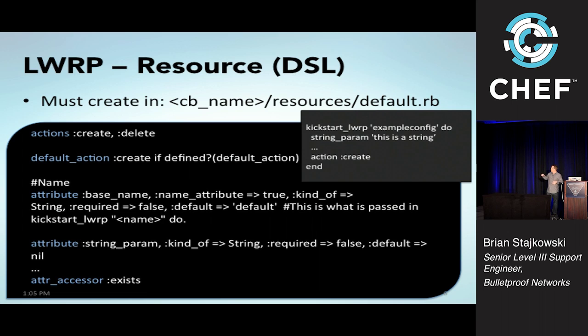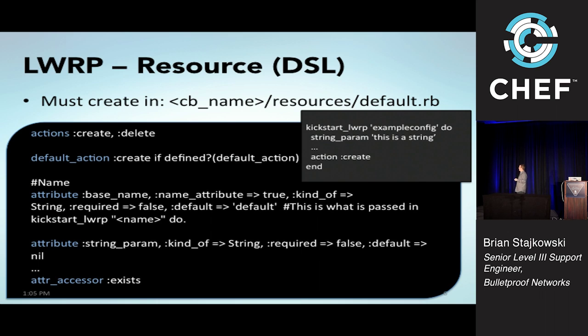Now, the attribute accessor exists. That's going to be a state attribute where I say if maybe a file exists or not, true, false. Not much to it. The one caveat is you notice my cookbook name is kickstart-LWRP. To access it in the recipe code, it would be kickstart_LWRP.